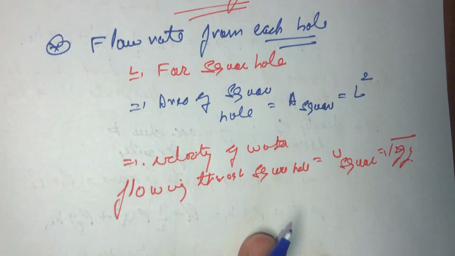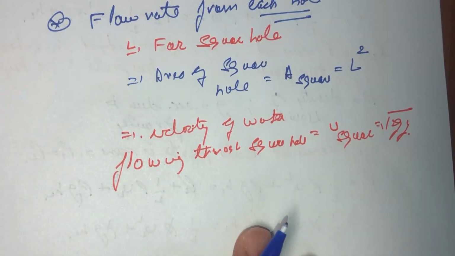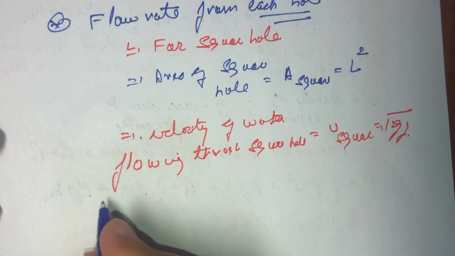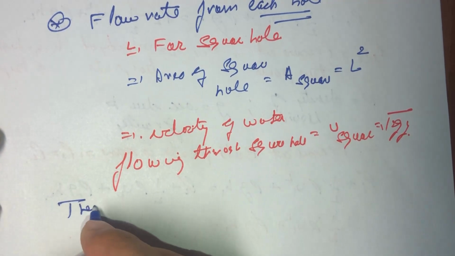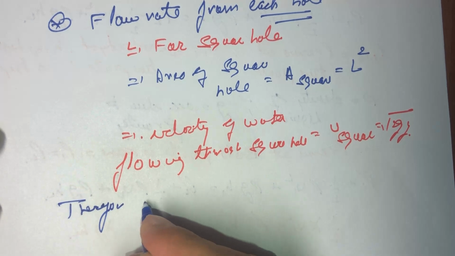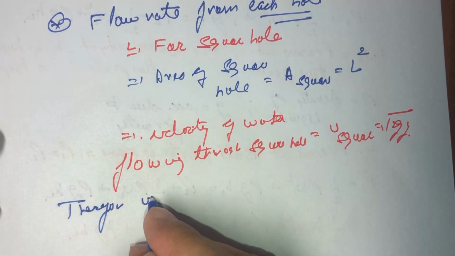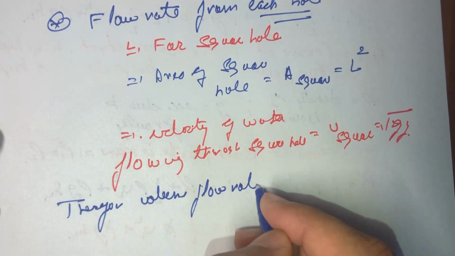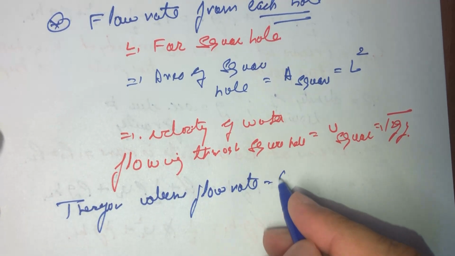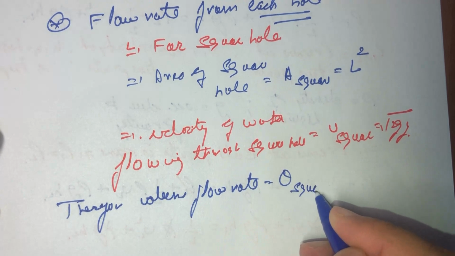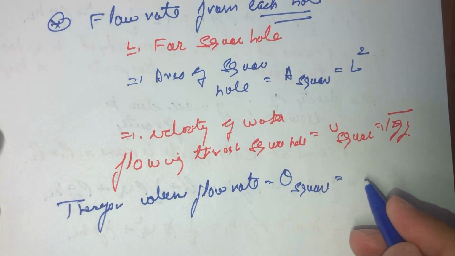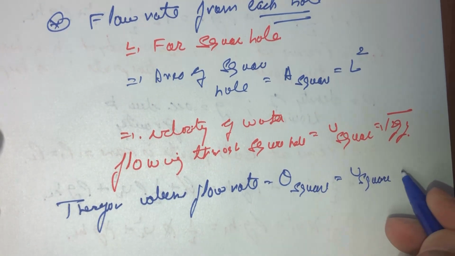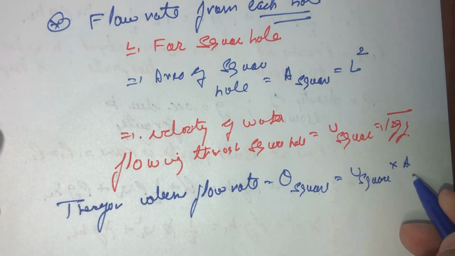And we can now find the volume flow rate, or water flowing per second. So we can say the volume flow rate, let us suppose, is given as q square. This will be equal to the velocity of the water through the square hole multiplied by the area of the square hole.